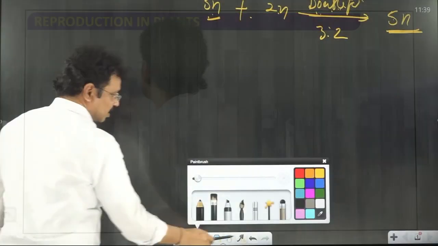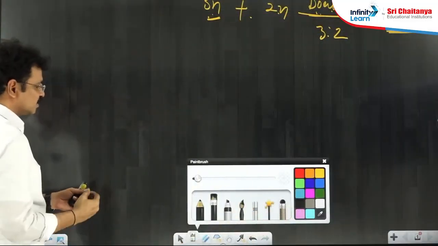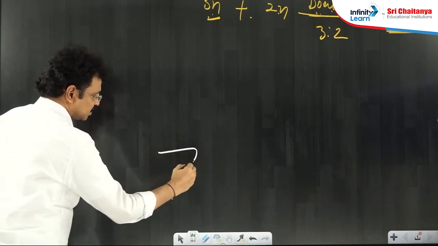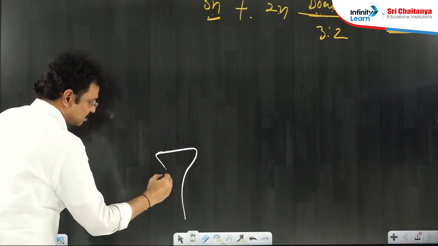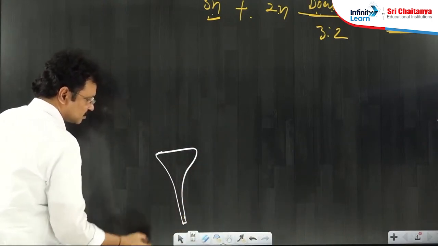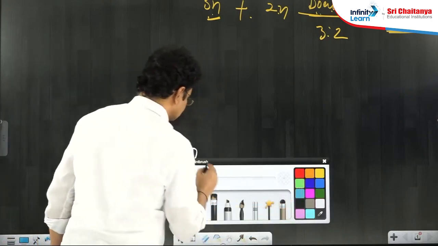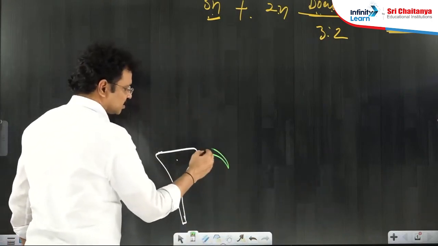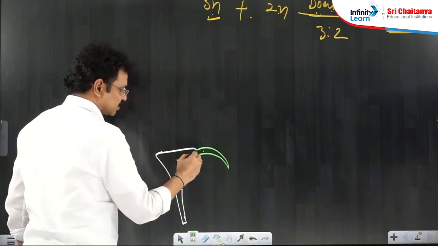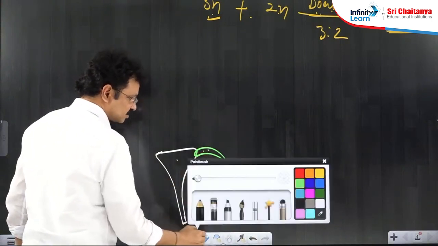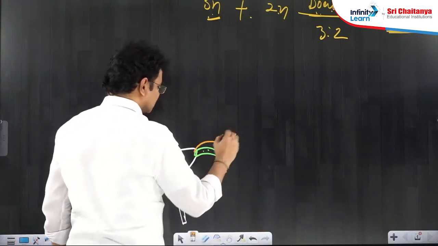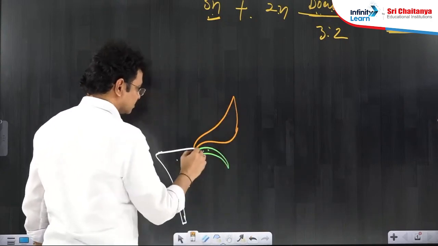After fertilization, some changes occur in flowers. Observe the diagram. The stalk of the flower is the pedicel. The swollen tip of the pedicel is the thalamus. On the thalamus, four types of floral whorls are present. One is the calyx with sepals. Second is the corolla with petals.